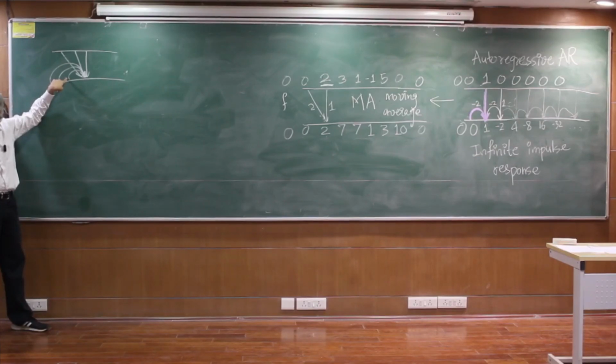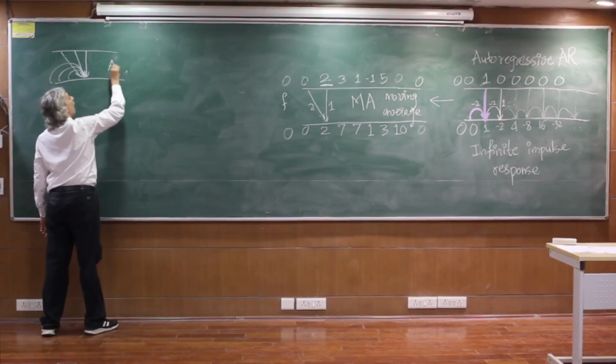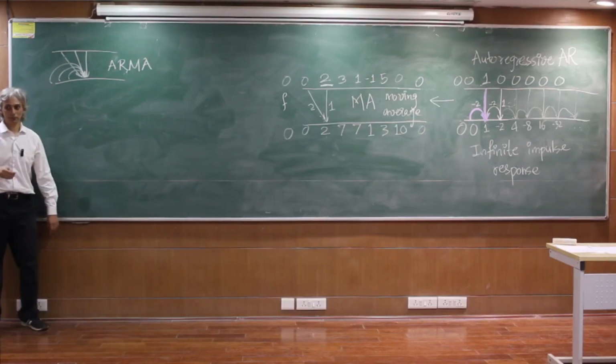In fact, if they were implementing inverses of each other, they would just cancel out, and there would be no reason to be doing this strange exercise. They are doing totally different things, but this is a generalization. Now, this filter is called an ARMA filter. Autoregressive moving average.